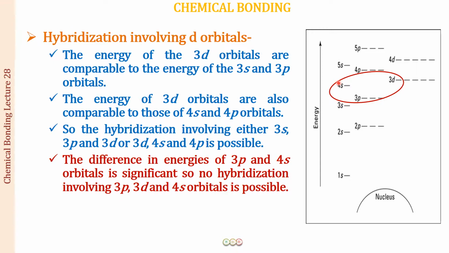So there will never be a mixing of 3p, 3d and 4s orbitals. It will always be 3s, 3p, 3d, or it can be 3d, 4s and 4p. So this is something that I really wanted to impress upon so that you never make a mistake about this.